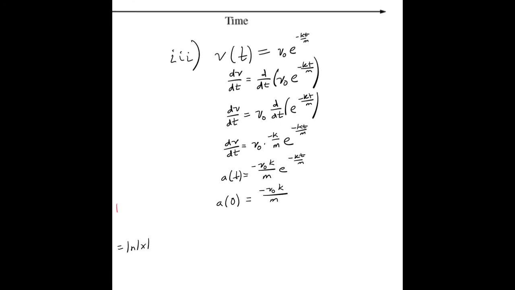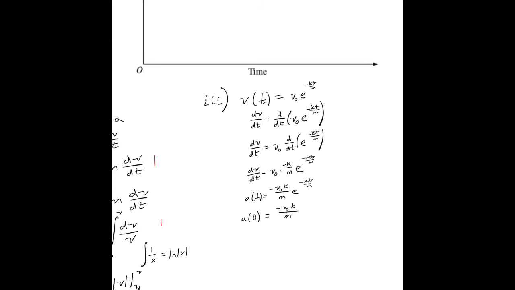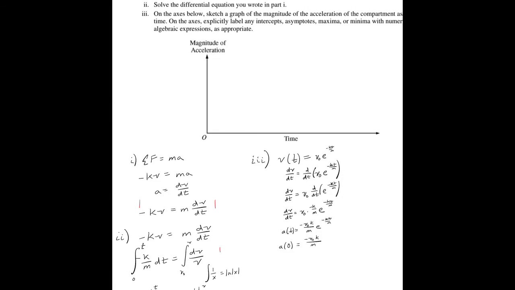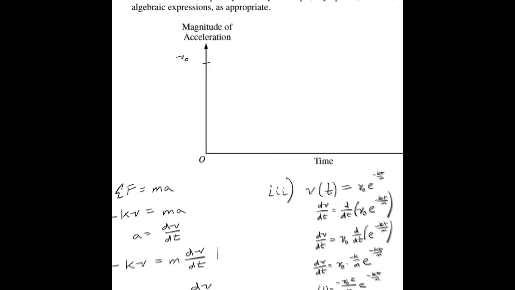So up here, we're looking at the magnitude of the acceleration, so this is going to be v initial k over m. Remember, it's just the magnitude, so we don't need to worry about that negative sign there.